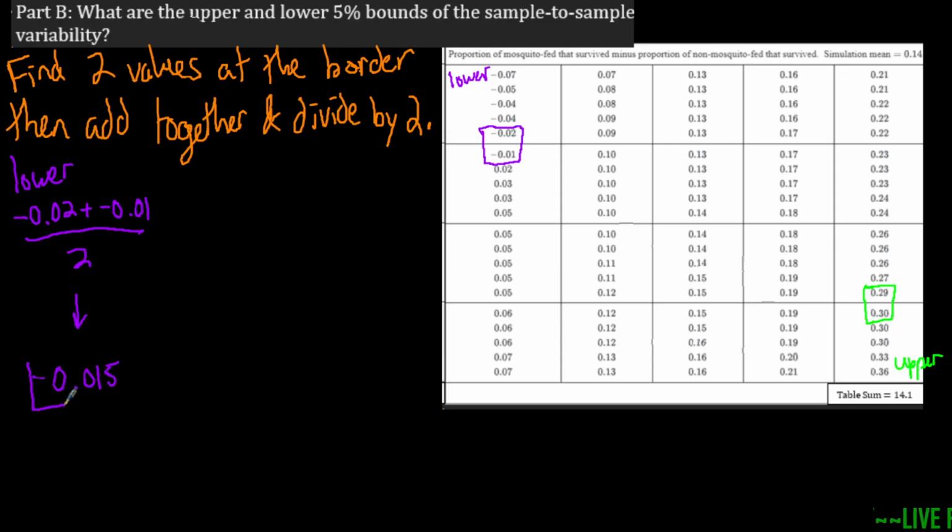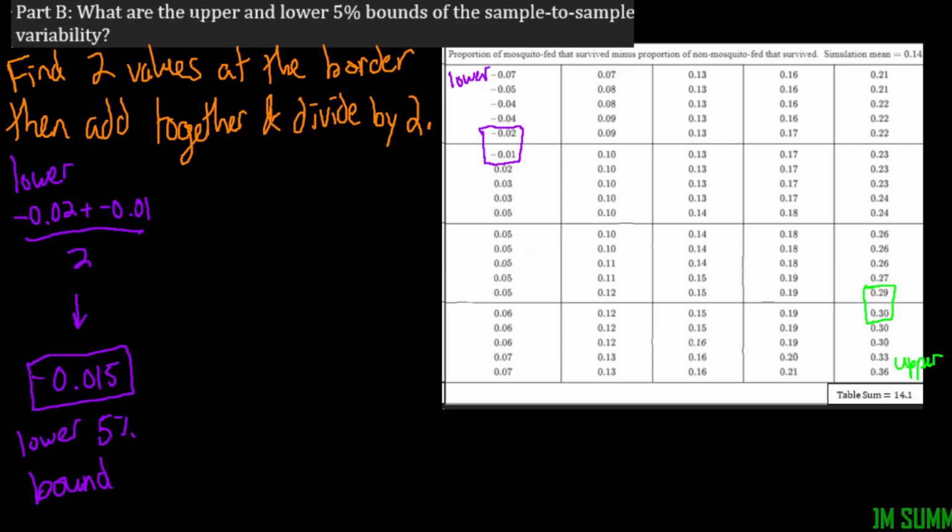So that's going to be the lower 5% bound. What that means is that anything below that is going to be the bottom 5% or the bottom 5 values.